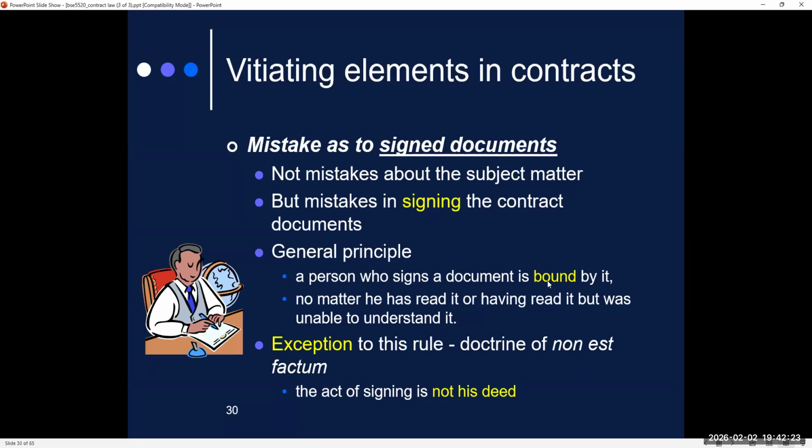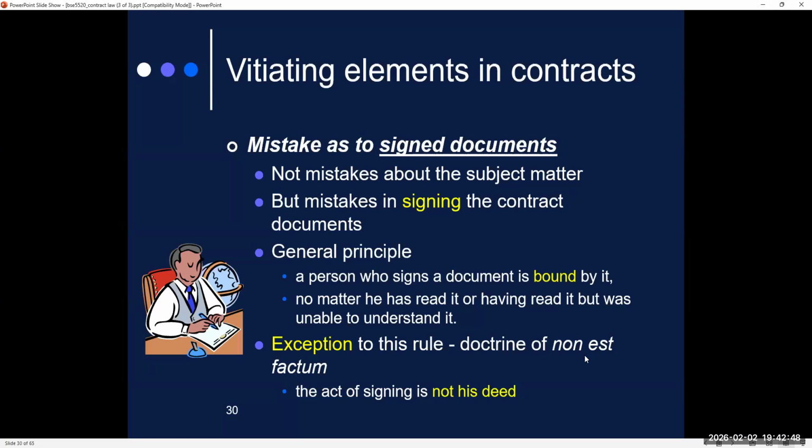So a person who signs a document, as mentioned earlier, he is bound by it. No matter you claim that you have read it or you have not read it, right? No matter he has read it or has not read it. But there is an exception to this rule, a doctrine of, again, Latin.